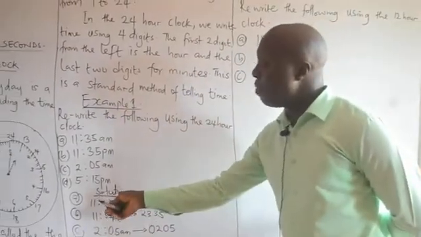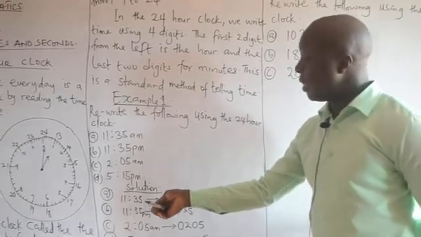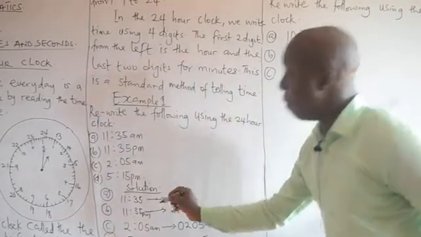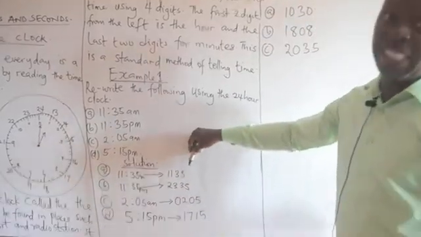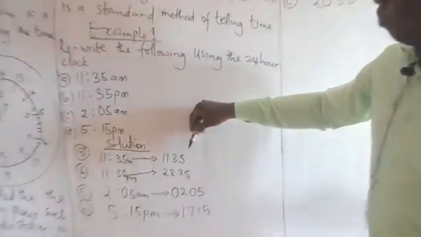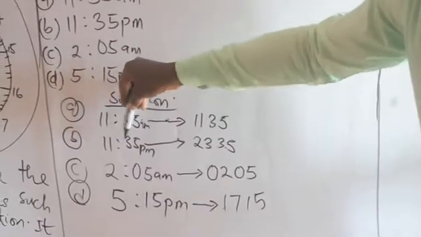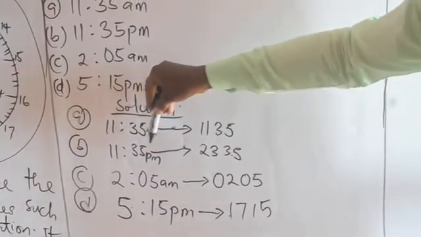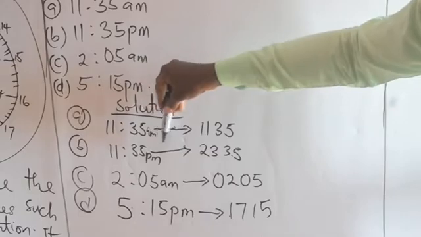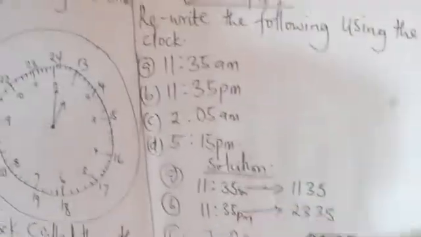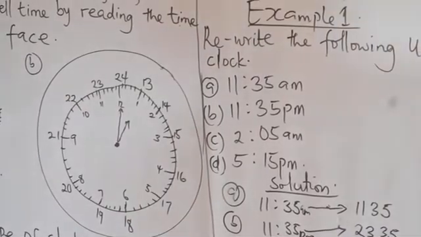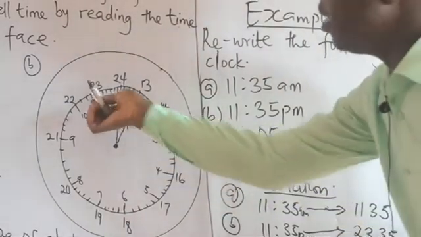Let me recap again. We have 11:35 a.m., which can be written as 11:35. It still remains 11:35. Then we have 11:35 p.m. If it is p.m., we'll quickly look at what the value that 11 represents in the 24-hour clock. 11 represents 23.